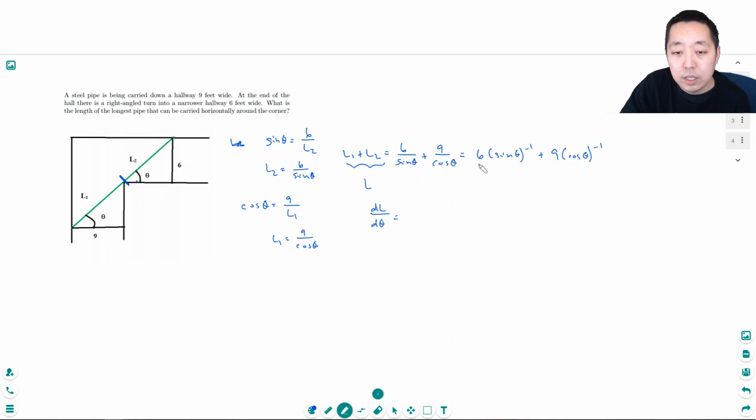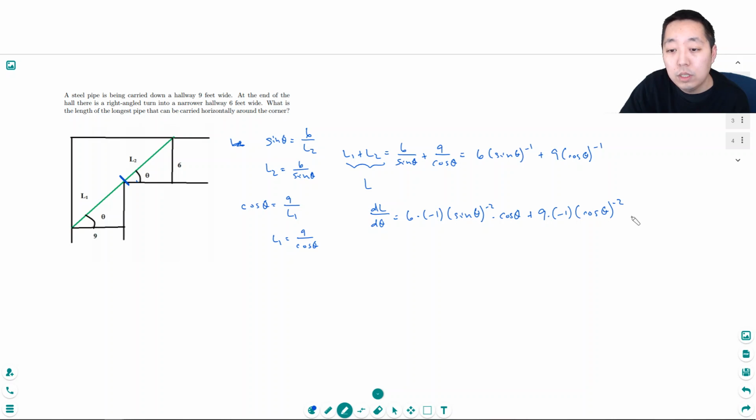So this would be 6 times negative 1 times sine theta to the negative 2 by power rule for the negative 1 part. But then the inside's not theta, so I gotta do the derivative of this, which is by chain rule cosine of theta, plus 9 times negative 1 cosine theta to the negative 2.